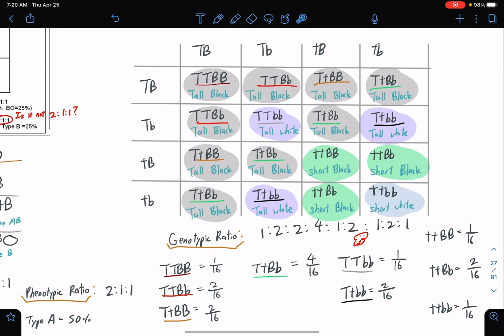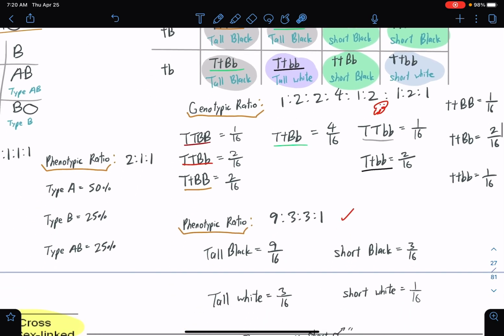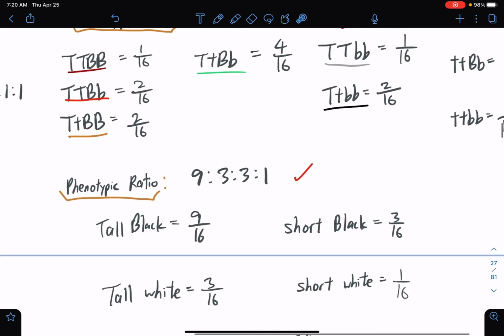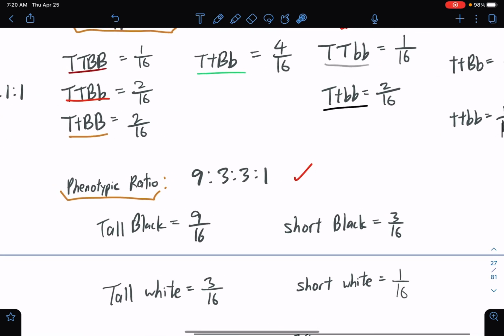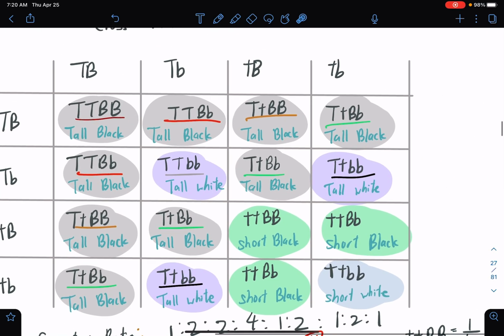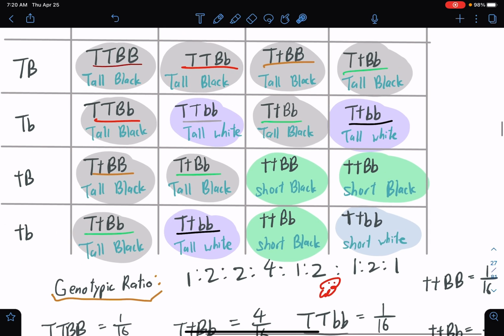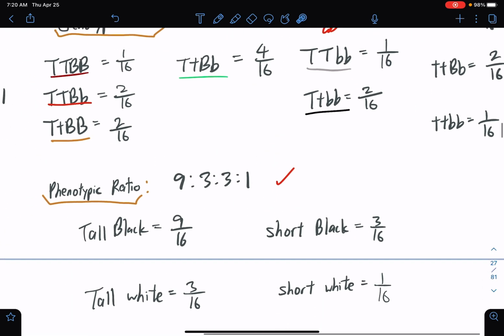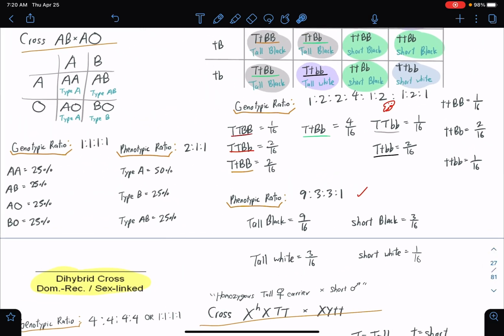So 1, 2, 2, 4, and then 1, and then 2, 1, 2, and then 1. And then the phenotypic ratio is a lot easier. It's 9:3:3:1. The 9 comes from the gray highlights, 3 purple highlights, 3 green highlights, and 1 light blue highlight. So that's the phenotypic ratio.